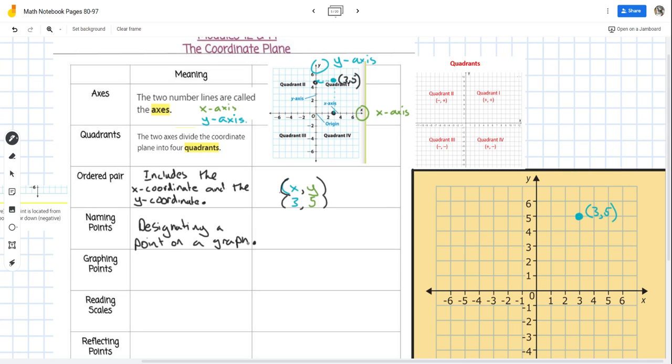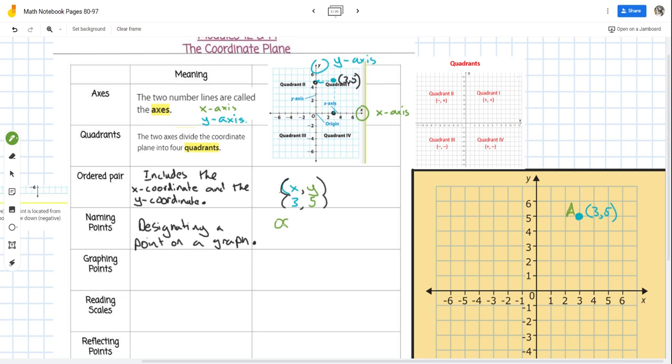So to go back to our other example here, this point 3, 5, I might name this point point A. And then instead of saying, okay, where's the point on the graph of the ordered pair 3, 5, I can just say, where's the point on the graph that I named A? Okay. Oftentimes points are named with letters.